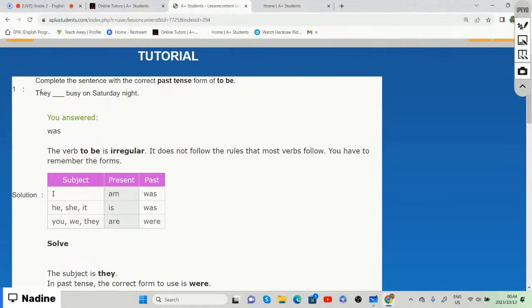All right. So we can say they busy on Saturday night. Do we say they am, they is busy on Saturday night, they are busy on Saturday night, or they was or were? So we need to choose the correct one.